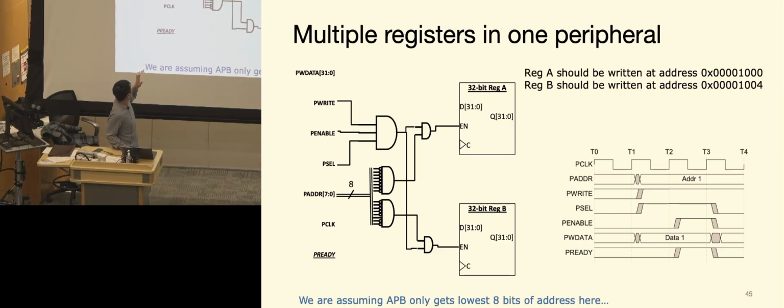And you will have the address also being part of the selecting part, because you have to have the right address to know which of these registers are active. So they all go through a bunch of AND gates and then determine whether this register needs to be enabled.